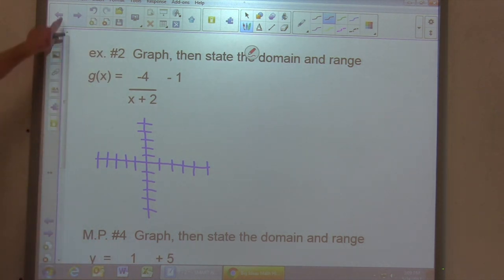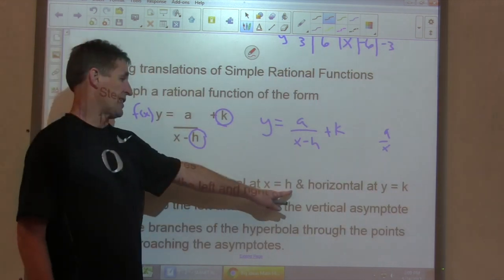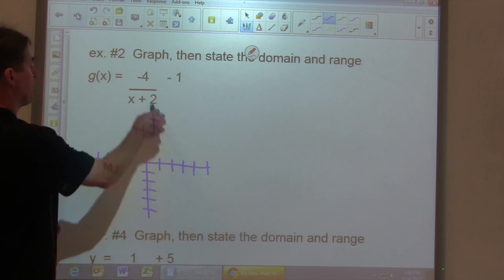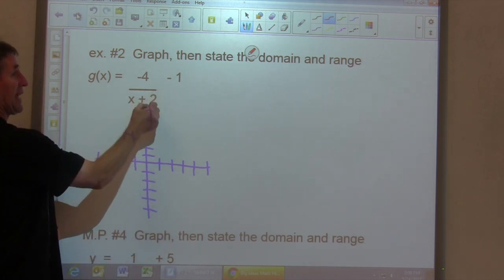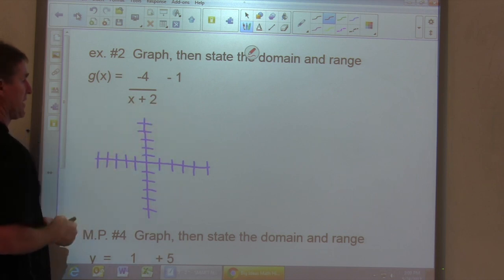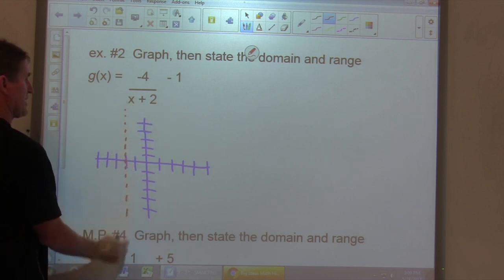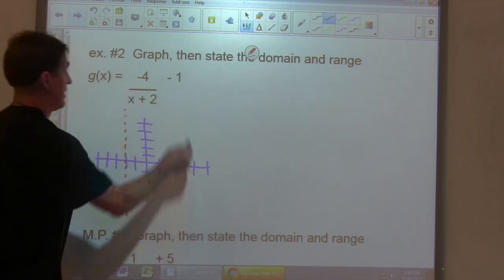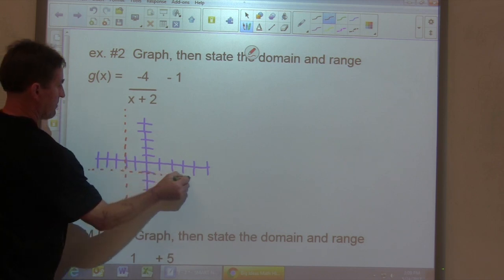And remember, if we look back at this, our vertical asymptote is x equals h. And so what you have to remember here is your h is opposite what it says. So my h is actually negative 2 because it's supposed to be x minus h. So I have a vertical asymptote at negative 2. And my k is negative 1. And so I have a horizontal asymptote at negative 1.